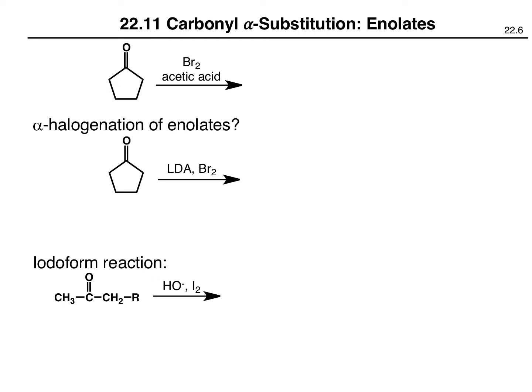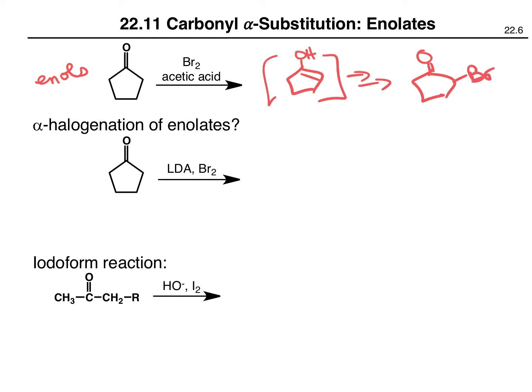Earlier in this chapter, when we were looking at reactions of enols, we saw a reaction that could be used to halogenate alpha to a carbonyl, and this actually proceeds through the enol, and then it leads to the alpha halogenation product. So alpha to the carbonyl, a halogen is now connected.